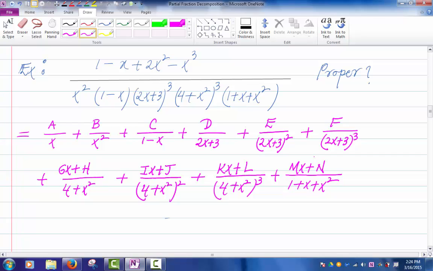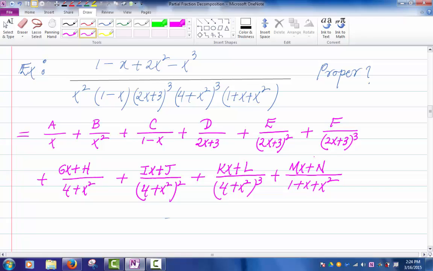However, it's important to understand how to write down the partial fraction decomposition, the form, without solving for the constants. It's also important to know how to solve for the constants when you have simple problems. And I'm going to show you some examples of that in a bit. So for what type of decompositions will I expect you to know how to solve for the constants?